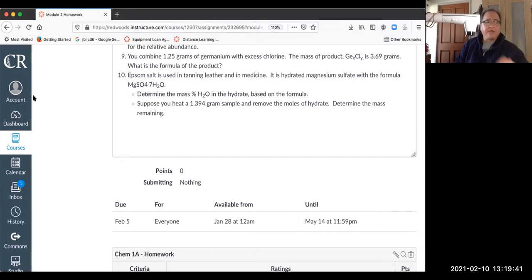So we've got Epsom salt is used, and so on. Determine the mass percent H2O in the hydrate. Why is that 4 like that? I should fix that. Suppose you heat and remove the moles of hydrate, determine the mass remaining.